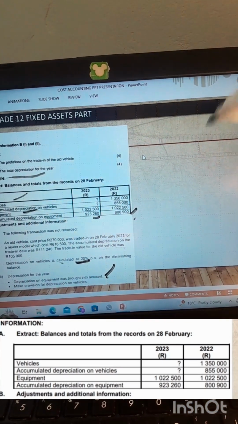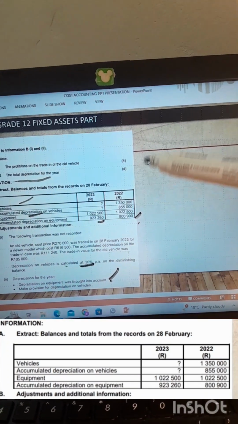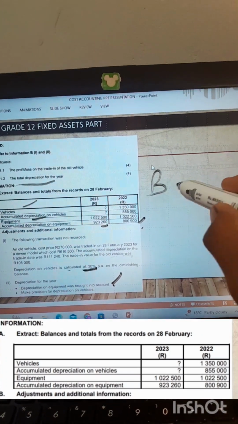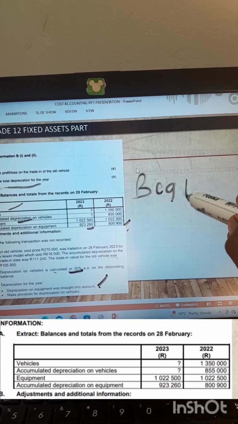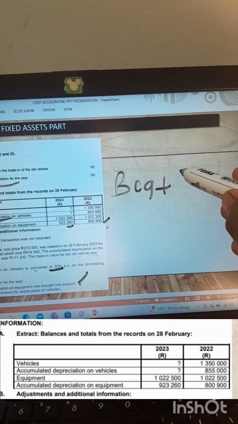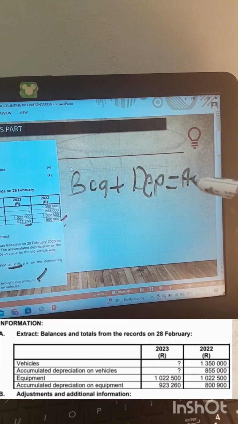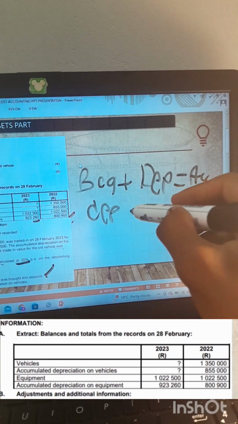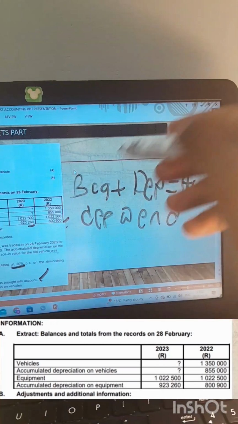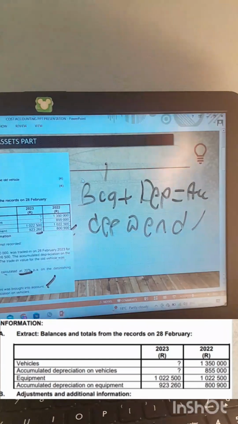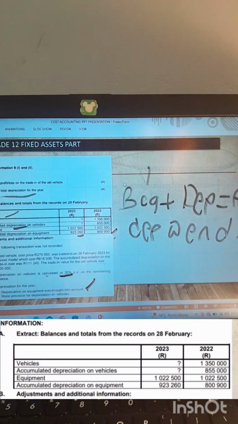We all know that when we are calculating the balance at end of accumulated depreciation, we say balance at the beginning plus depreciation equals accumulated depreciation at end. So we have the beginning and the end, which means we're looking for this depreciation.